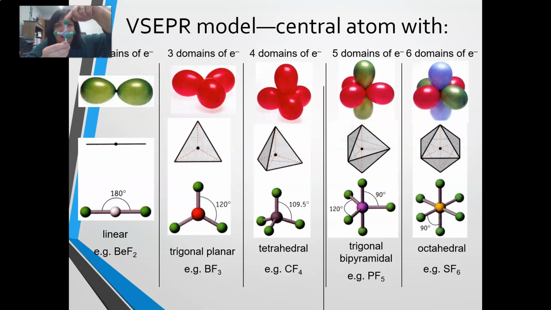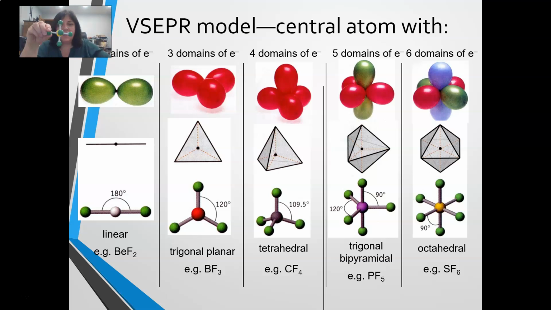And then we have the axial, which are the verticals. So we have 120 degrees between the different equatorials, and 90 degrees between the axial and the equatorial. There's a total of 5 domains. I've got one 3-sided triangle coming from the top and one 3-sided triangle coming from the bottom. So trigonal bipyramidal is the shape that you wind up with for 5 domains.